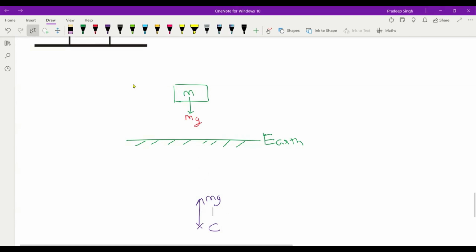So the two objects here are the block and the center, and this constitutes the pair. Forces acting in the opposite direction, equal, and remember, forces are acting on different objects. One is on the block, one is on the center. So does this make sense, Ahan?